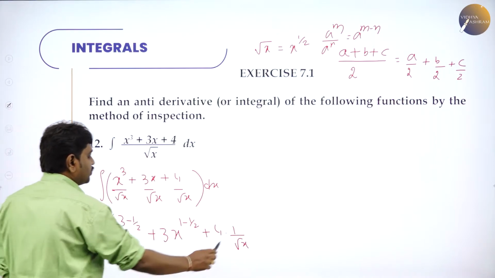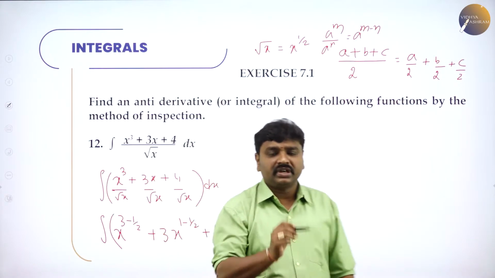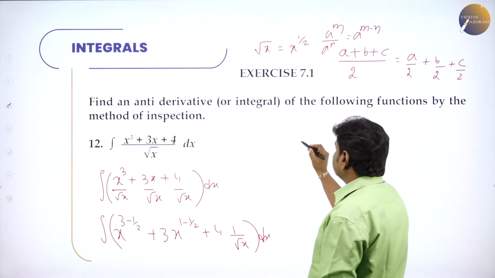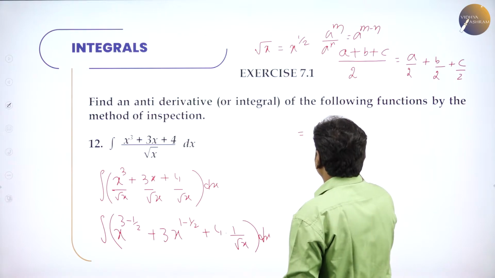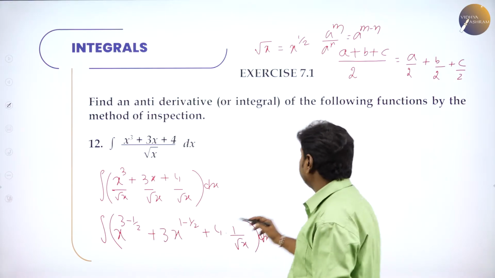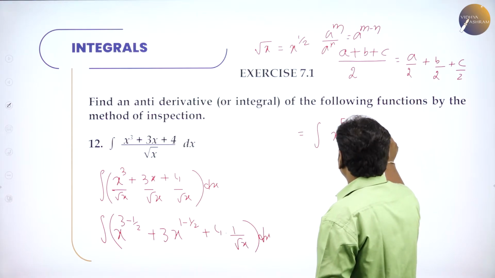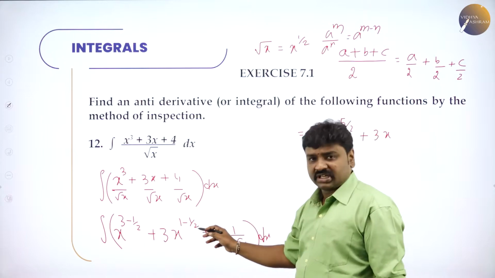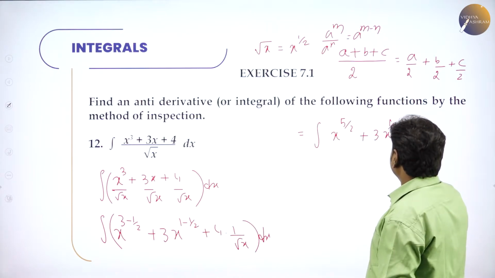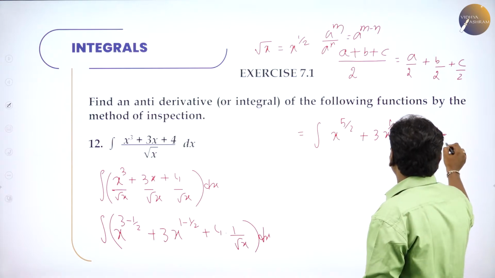So now we'll simplify each term, then we integrate each term, and we use the integration formula to integrate, that is x power n. x power 3 minus half, if you take LCM, 2 3 is 6, 6 minus 1 is 5, 5 by 2, plus 3 into x power, or if you know 1 minus half is half, then plus 4 into 1 by root x, let it be as it is.